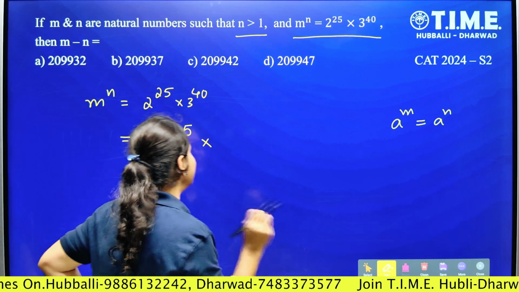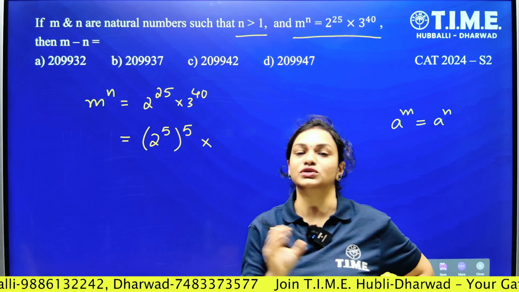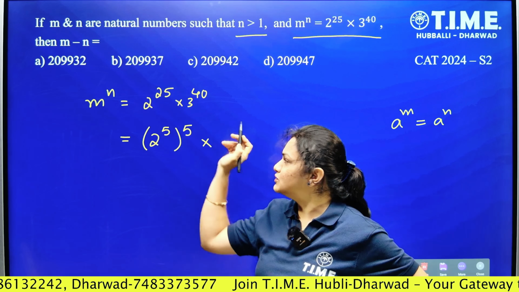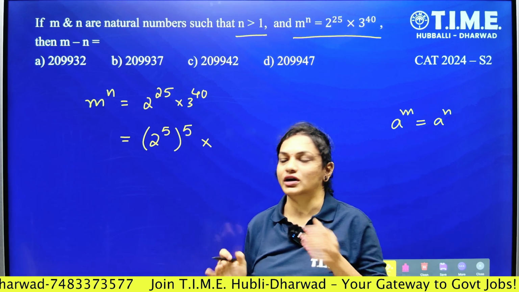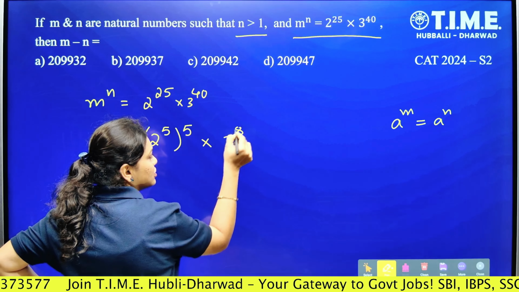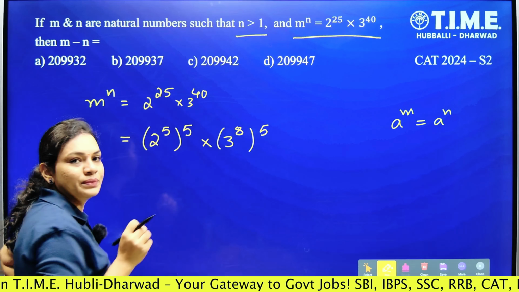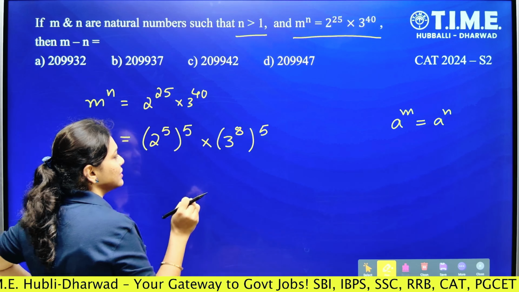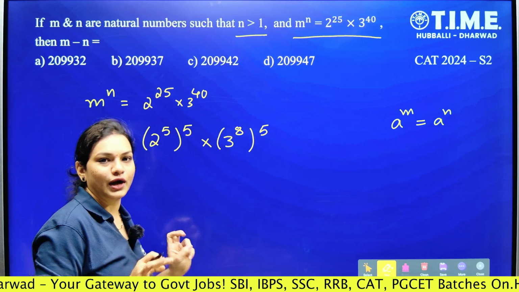I am taking the common power outside. Since 40 is 5 eights, we take 8 inside the bracket, so it is 3 raised to 8 and 5. Is this clear? Since the n value should be common, we are taking 5 outside.